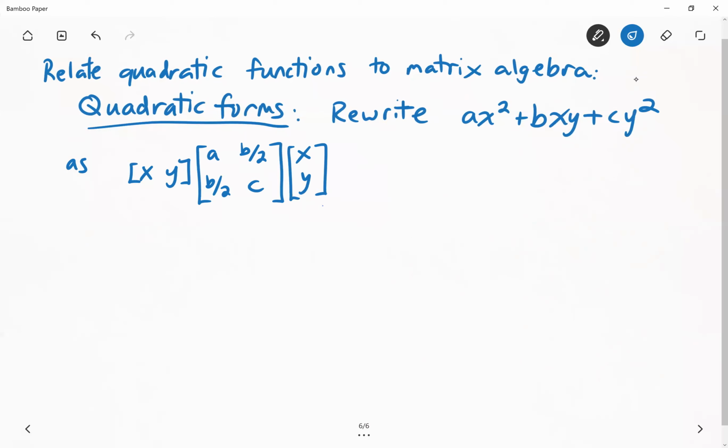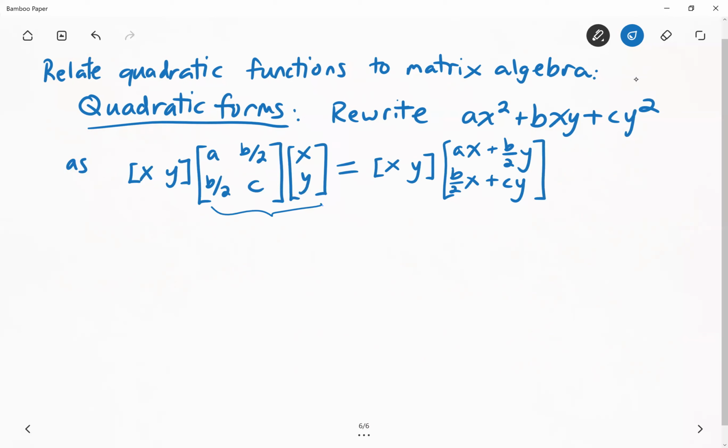Now, it might look very different, but if you actually multiply these things out, then you'll see that you actually get that quadratic function. And if I start out by multiplying the matrix and the vector on the right, I'll be left with (x y) times, let's see, ax plus b over 2 y for the top entry, and b over 2 x plus cy for the bottom entry.